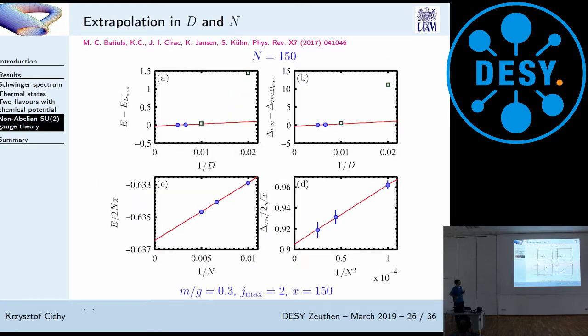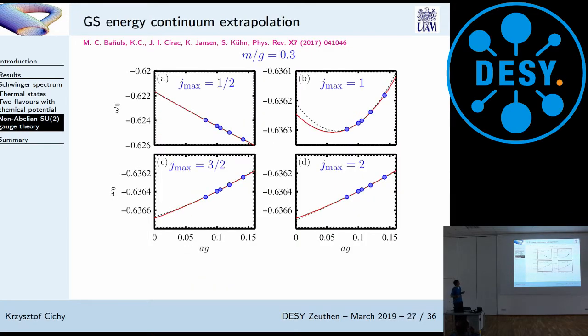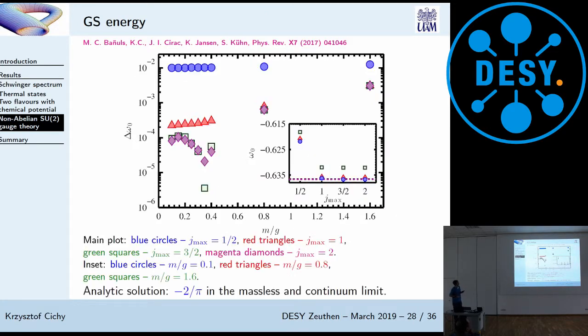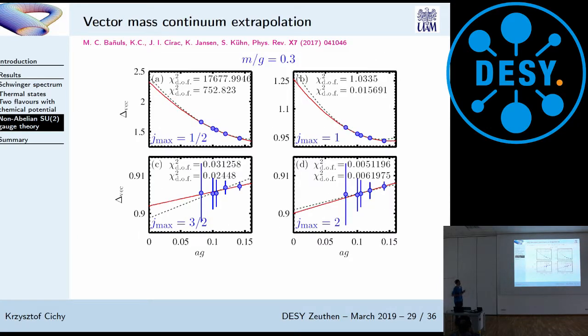And then we did a series of extrapolations in bond dimension and in the system size. I have to accelerate a bit. We found the ground state energy, which agrees nicely with the analytical result. And we also did the calculation of the vector mass.